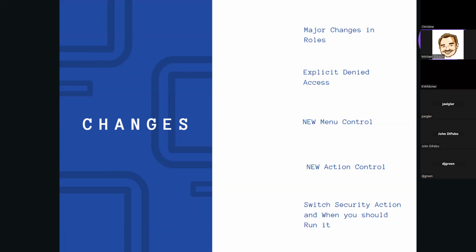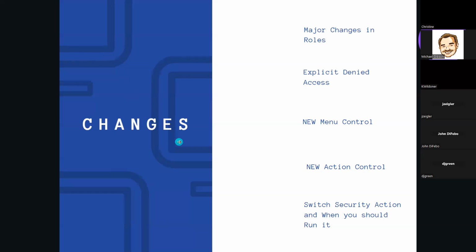It's done completely different. One of the things the new roles have is explicit deny. In the past, we would either give a user access to read, write, whatever, but now we can give users explicit deny to a particular object: change, add, navigate.